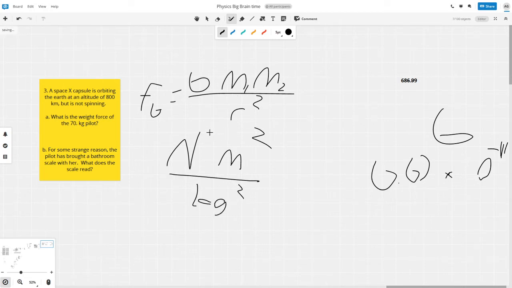So in here, because you're multiplying by two masses, this would cancel, and you're dividing by a distance squared, this would cancel, and you're left with newtons.